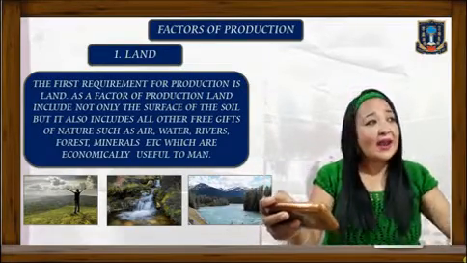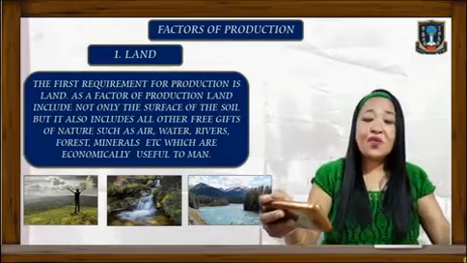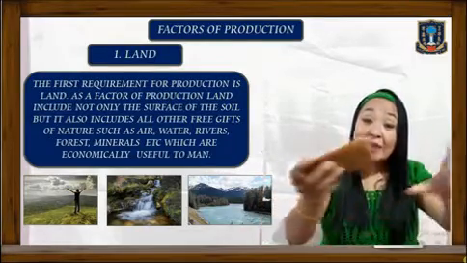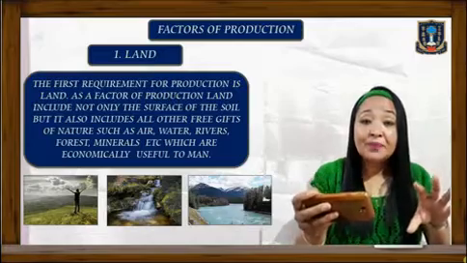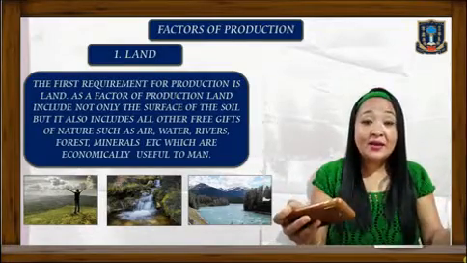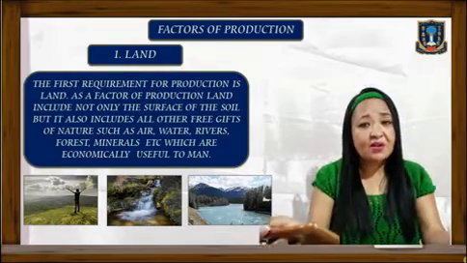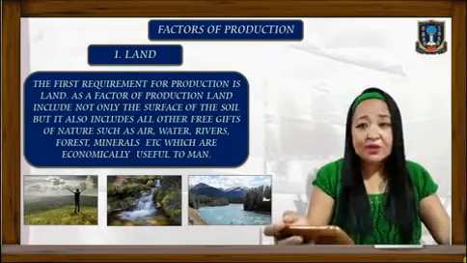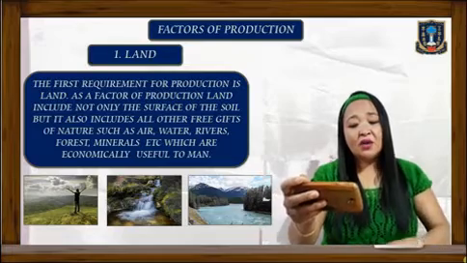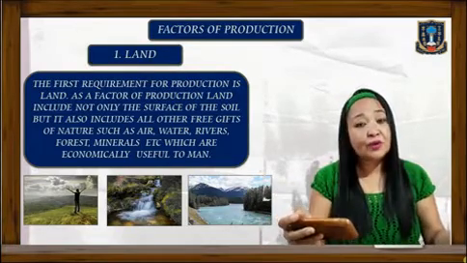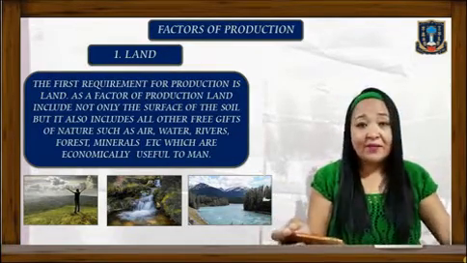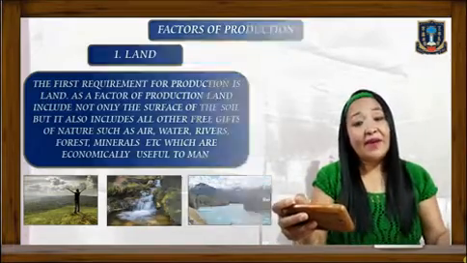What are those? Like air, water, rivers, forest, minerals, etc. All these are also included in the land. So when we say land, it doesn't mean just the surface of the earth or soil. Understood? It includes all these free gifts of nature which are economically useful to human beings. So land includes everything.